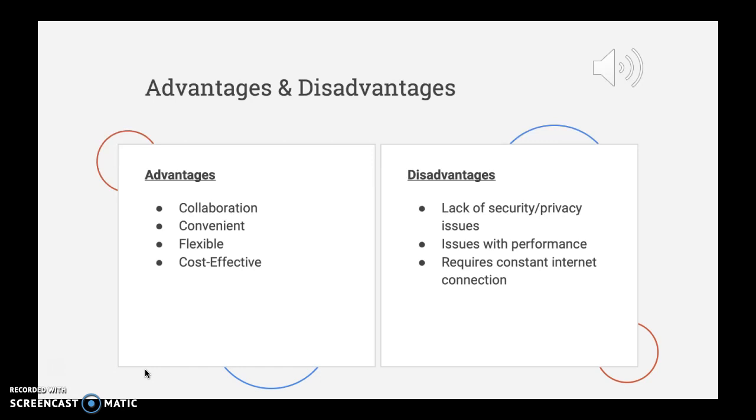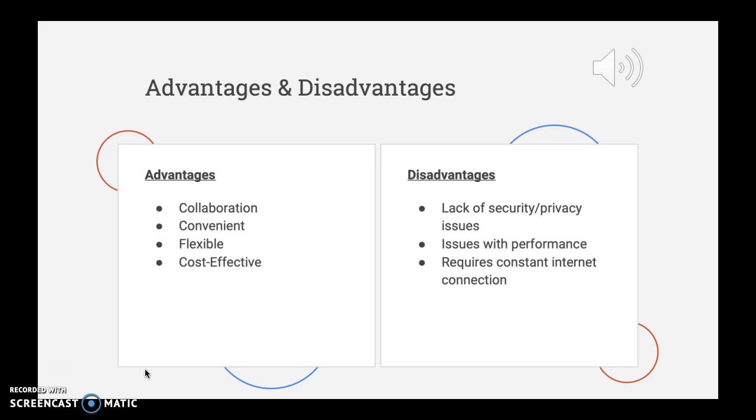It's flexible in the sense that you can go from one computer to another and pull up the same information without having to worry about flash drives, transferring files, or files getting corrupted. It's also cost effective. Many of these programs are free or low cost for the user, and that allows it to be a lot more open access to many more people, and why it's very convenient in education.